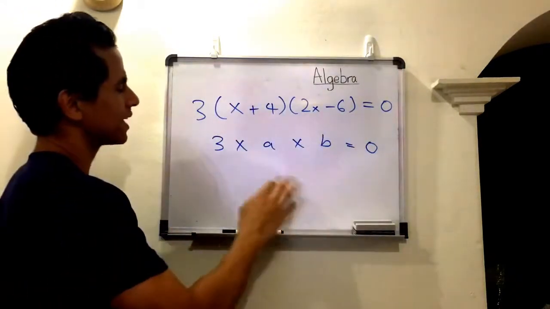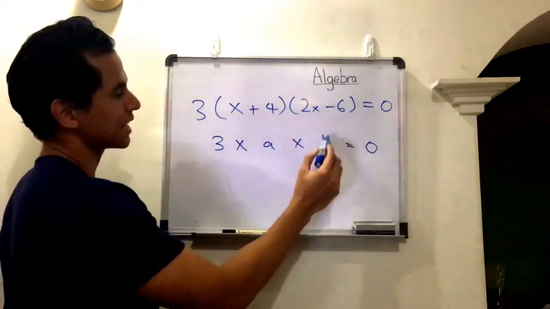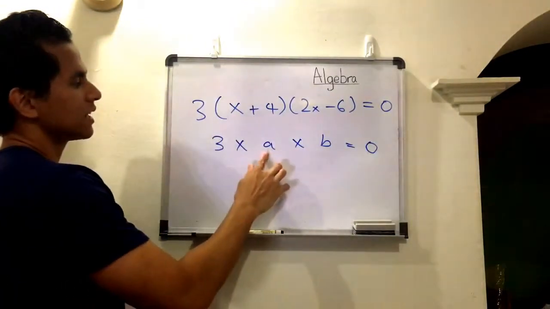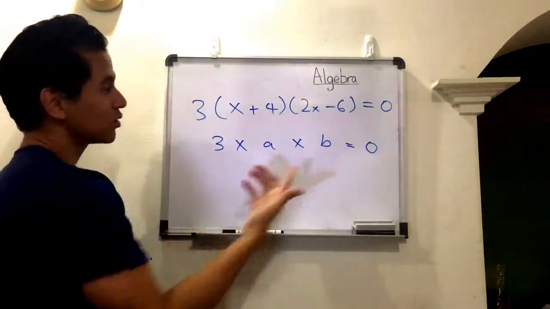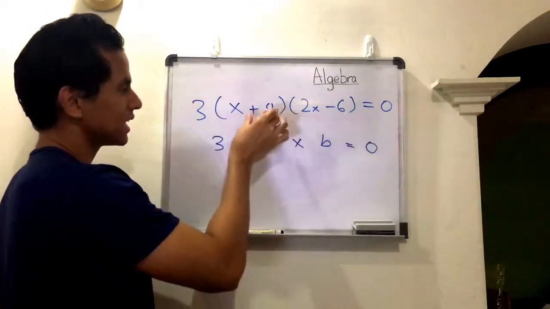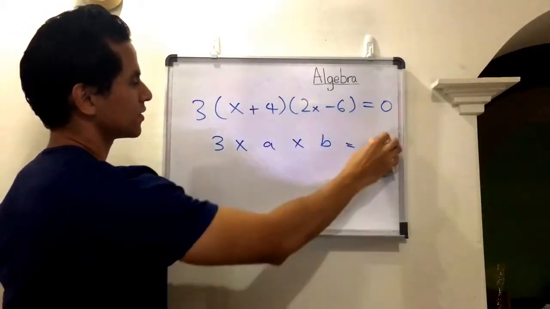We again can use the same thing, because this x plus 4 can be our a, and this 2x minus 6 can be our b. So based on this equation, either a or b has to be 0 for this equation to be true. Hence, same logic applies here. For this equation to be true, either this has to equal 0 or this has to equal 0.